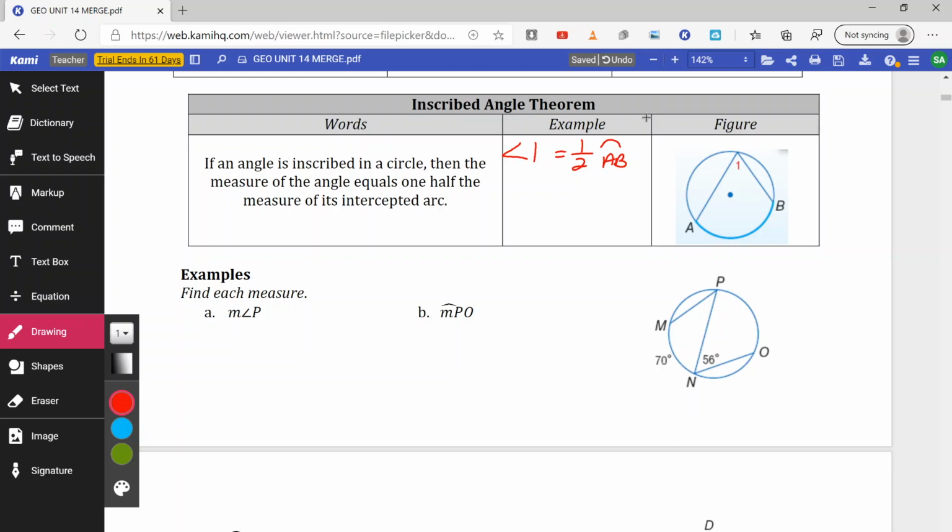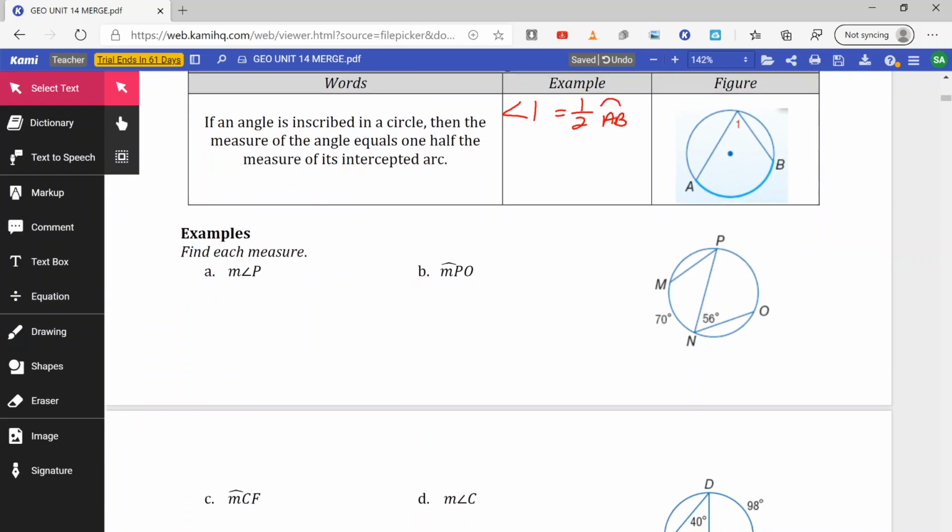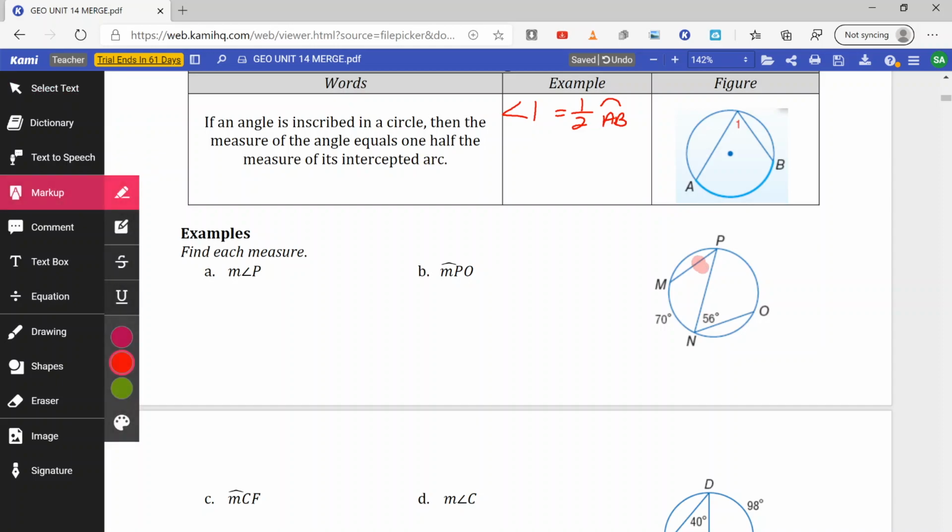Here we need to figure out the measure of angle P and arc PO. We're going to use this theorem to figure out our angle measures. Angle P is this guy right here. The theorem states the angle itself is half of the arc.